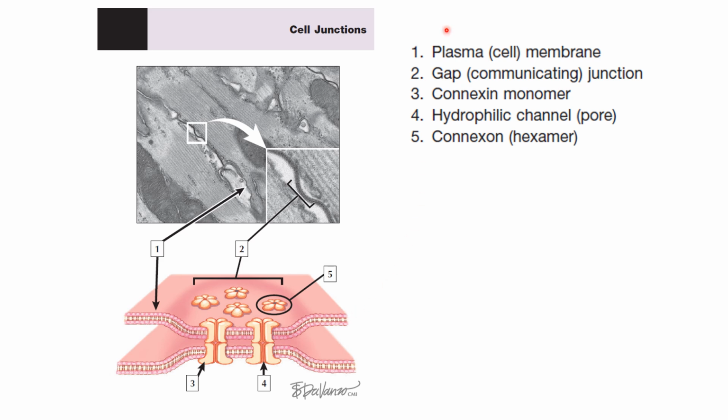The connexins are transmembrane proteins surrounding a small central aqueous pore, and several diseases can actually result from mutations in genes encoding connexins, which are named according to molecular size.